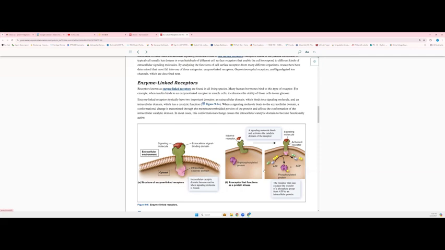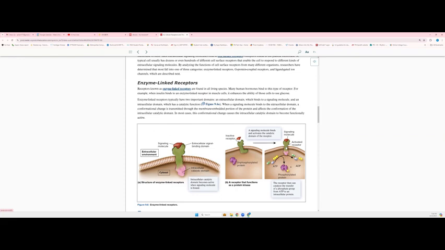This is a good example. Here is an unphosphorylated protein. When this receptor becomes active, it can catalyze the reaction, and then ATP will lose one of its phosphates, and the phosphate will become attached to this protein.